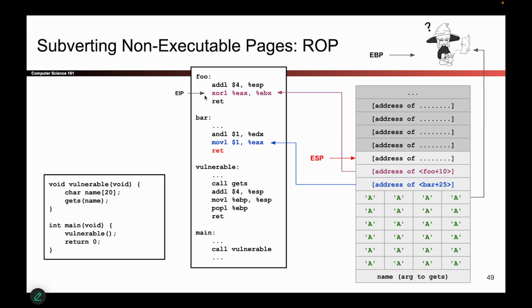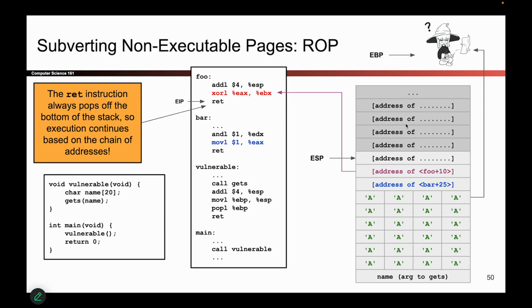So what would happen now is, well, the ret instruction would execute, and what will that do? It will go on the stack, take the next address. So if we had a third instruction, we would write its address here, and then it would jump to that address, it'd run some code, it would end in a ret, you'd come back here, pick the fourth address, go to that address, run some code, there'd be a ret instruction, get the fifth address, go run some code, there'd be a ret instruction that grabs the sixth address, and so on and so forth.